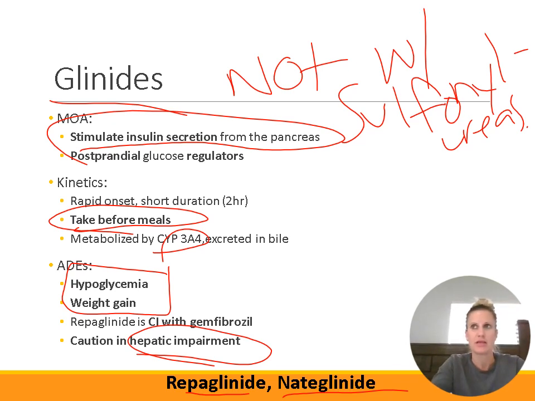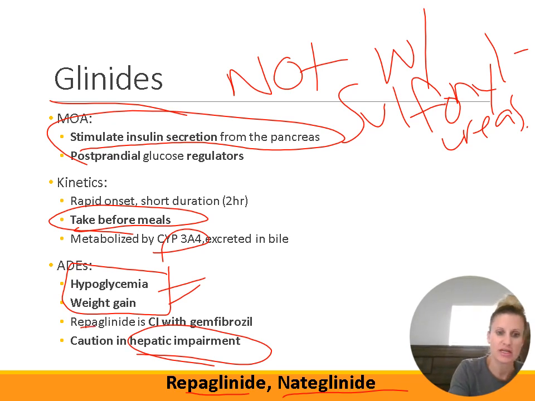Anytime we see something increasing insulin, we've got weight gain, and same thing with hypoglycemia. The hypoglycemia and weight gain with these is significantly less than with the sulfonylureas. So if you were comparing those two, and you're worried about the hypoglycemia or the weight gain, it's a lot less with these than with the sulfonylureas.